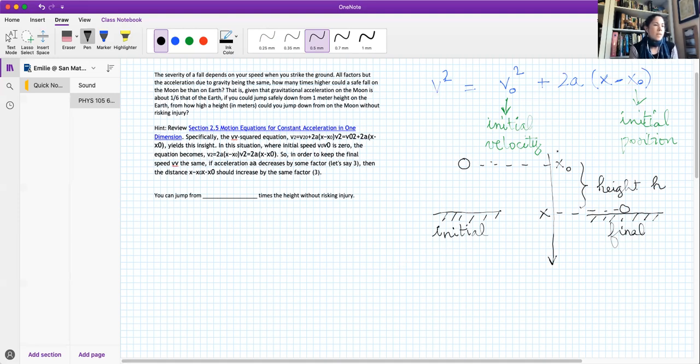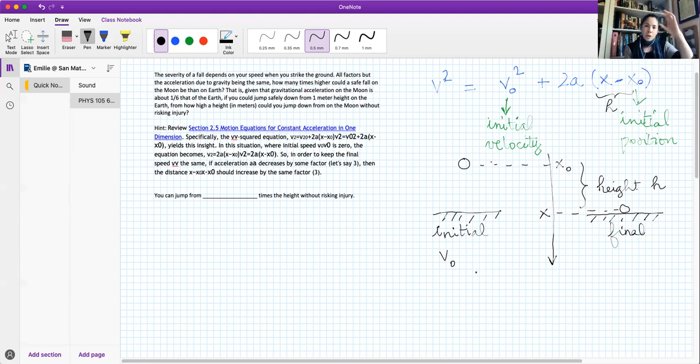All right, so we have at this point X, X naught. We have added an extra variable, which is H, but H is going to be defined by what we have over here. Okay, we have those V and V naught. So I can write down over here, initial is V naught. So this is the speed when we start.